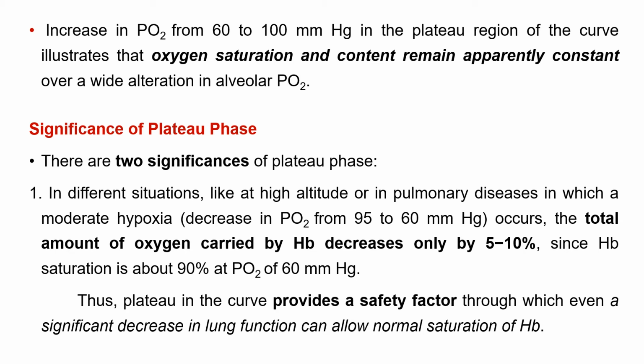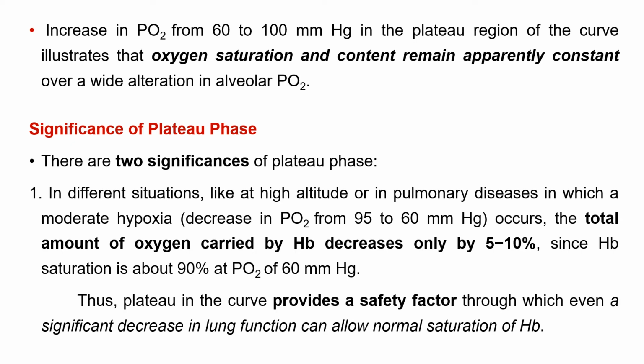Now, what is the significance of plateau phase? There are two significances of plateau phase. In different situations like in high altitude or in pulmonary disease in which a moderate hypoxia means a decrease in PO2 from 95 to 60 mmHg occurs, the total amount of oxygen carried by hemoglobin decreases only by 5 to 10%, isn't it?